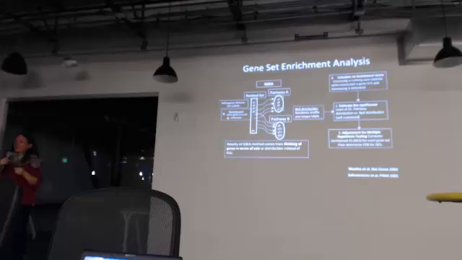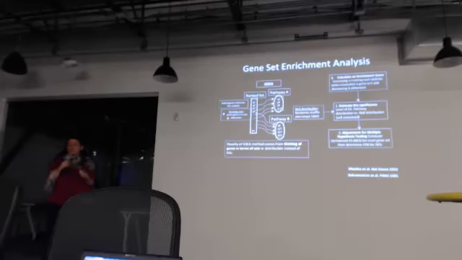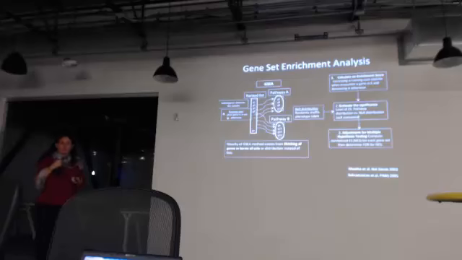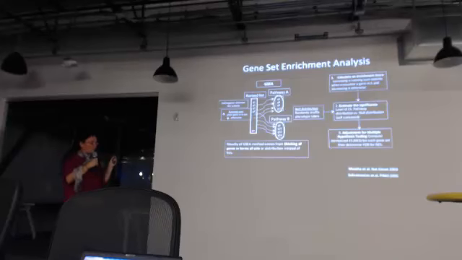Then you calculate a statistical null distribution to get statistics on how significant these pathways are. The approach they took was to permute the sample labels.